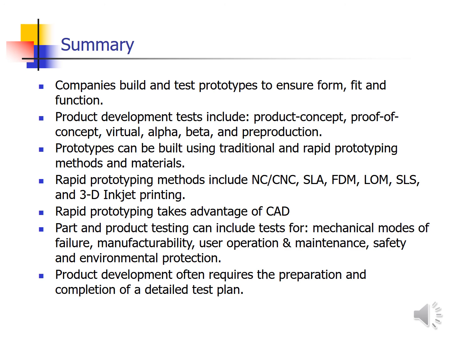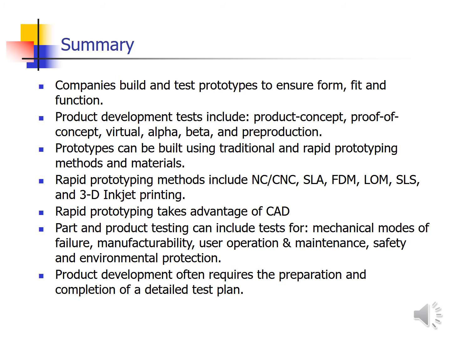This is a summary. A company builds a test prototype and shows the form, fit and function. Product development tests include the product concept, proof of concept, virtual, alpha prototype, beta prototype, and also pre-production prototype. Prototypes can be made using traditional and rapid prototyping.